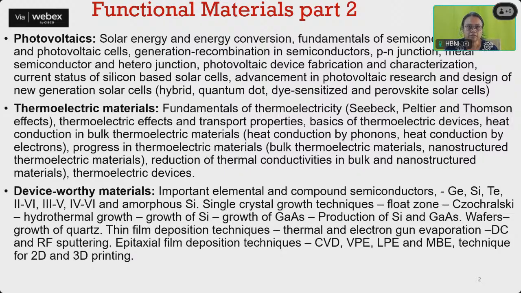Then in my next lecture, I will be starting on the single crystal growth techniques, like the float zone, Czochralski, and the theory of single crystal growth. My third lecture will be on the thin film deposition techniques, because these are the basics of how to make a device and this will be required. And then we will be going to the photovoltaics and the thermoelectric materials. So this is how I will be covering the 6 lectures.